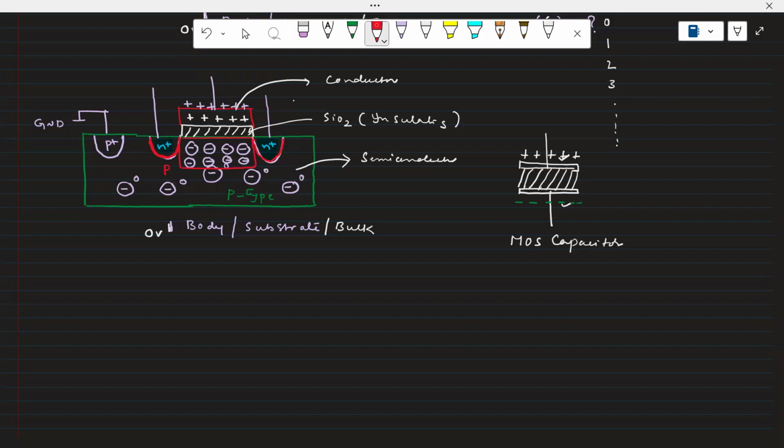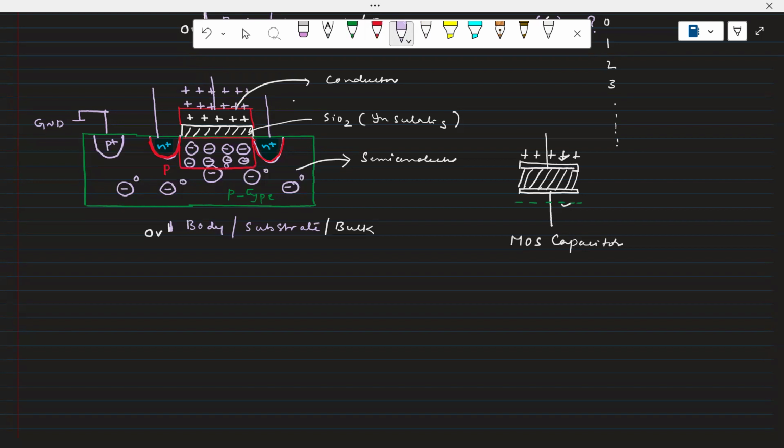So this is called the depletion region. Agree? Okay. Now let us apply more positive on top of the plate.